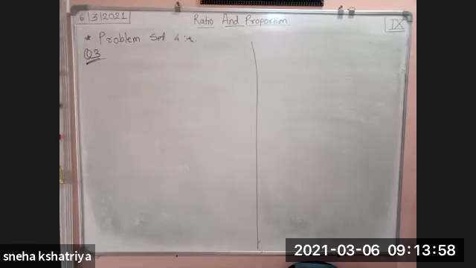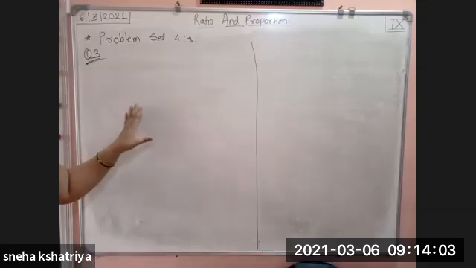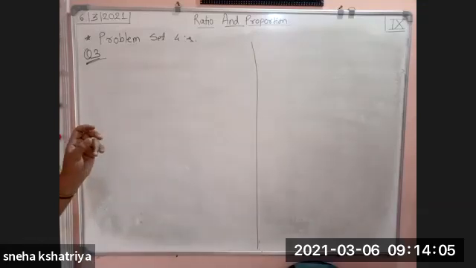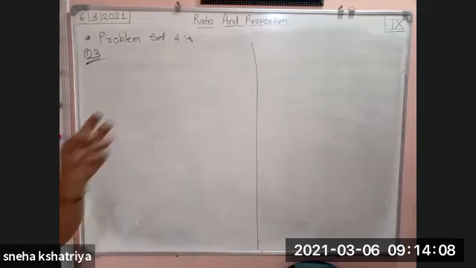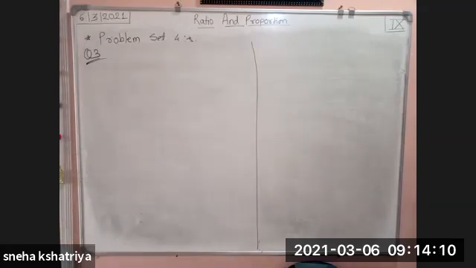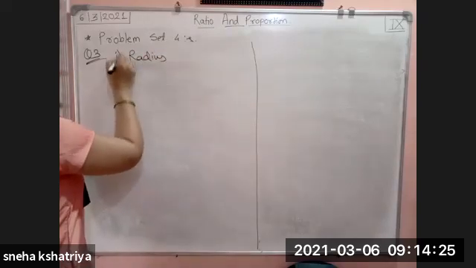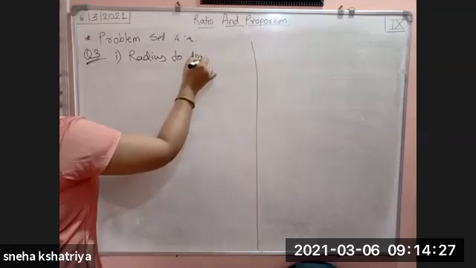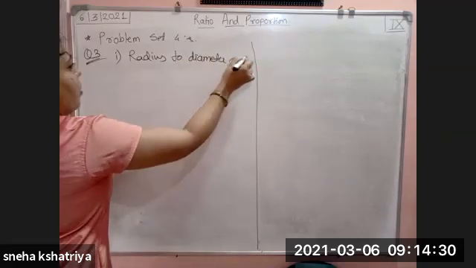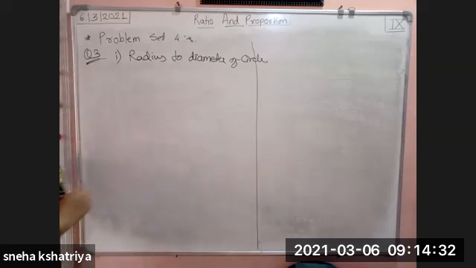Write the following ratios in the reduced form. In the previous examples, the numbers were given and we had to find the reduced form. Now here they have given some statements, and we have to write each statement in proper equation form and then reduce it. The statement is: radius to the diameter of a circle.